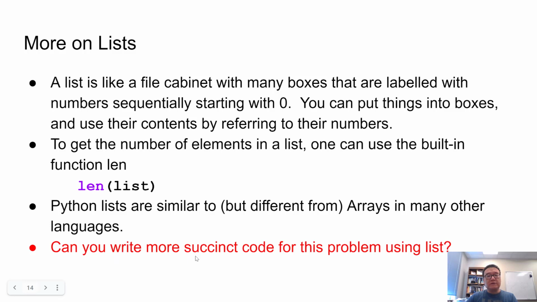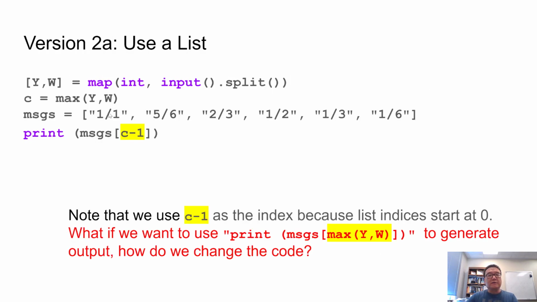So using a list, can we make the code more succinct than the one listing all the cases? And the answer is yes. We define the messages in this way in a list, and then we can simply print out the correct message.